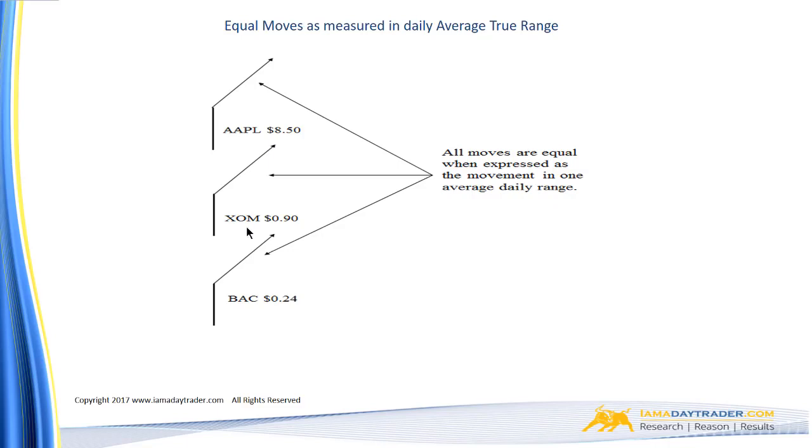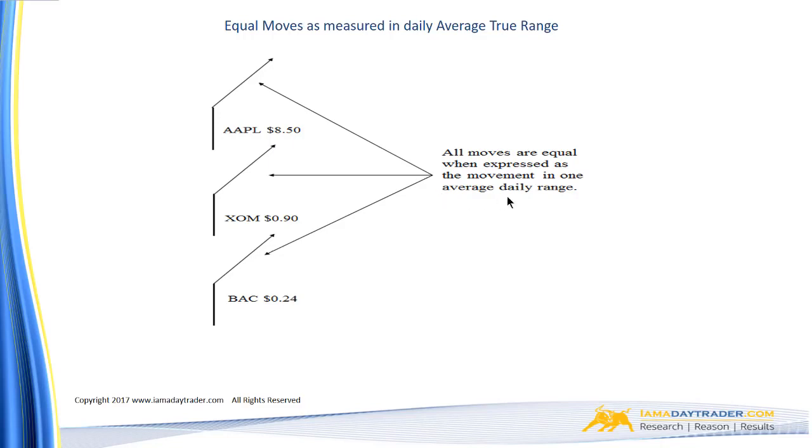ExxonMobil on an average day at that particular time, the average true range was 90 cents. Bank of America at that particular time on an average day, the average true range just for one ATR was 24 cents. And so you may wonder, how can I use and trade each one of these different stocks exactly the same way? Because their price and their movement is totally different.